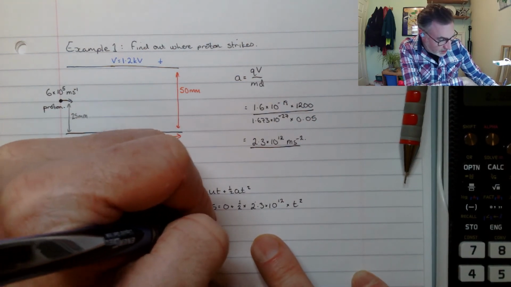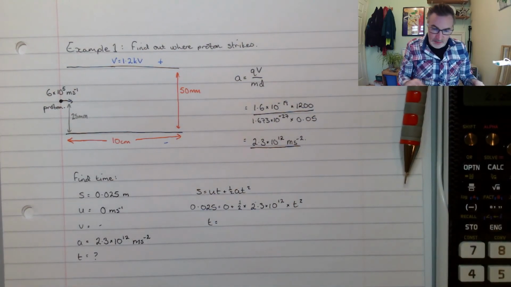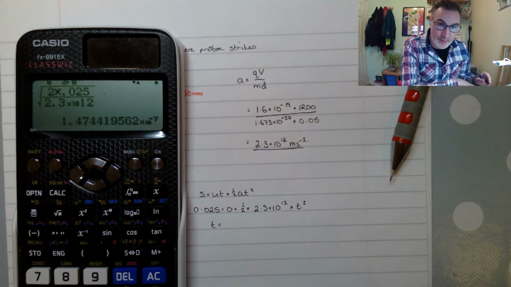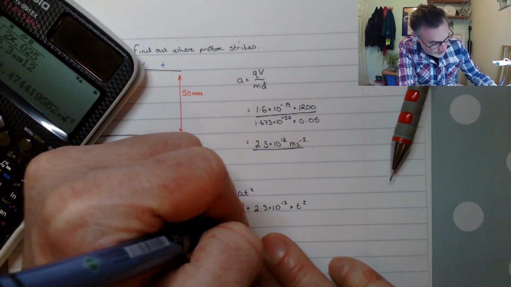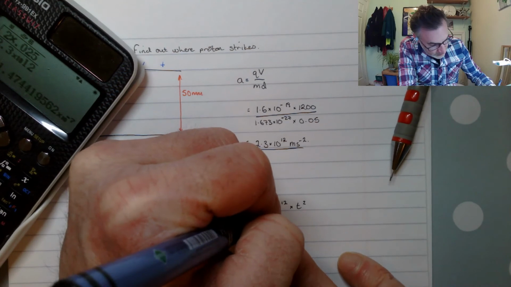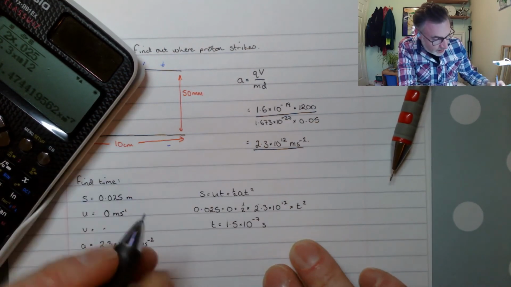So t will then equal 1.47, let's call it 1.5 times 10 to the minus 7 seconds.